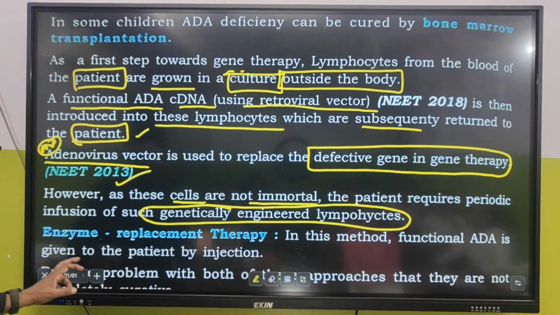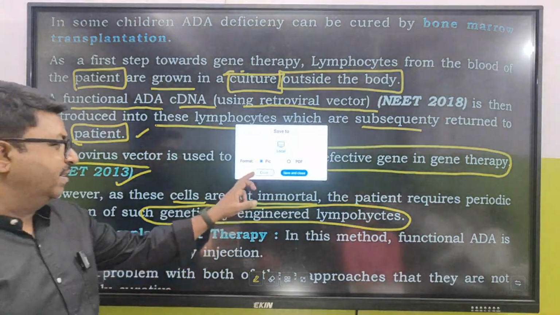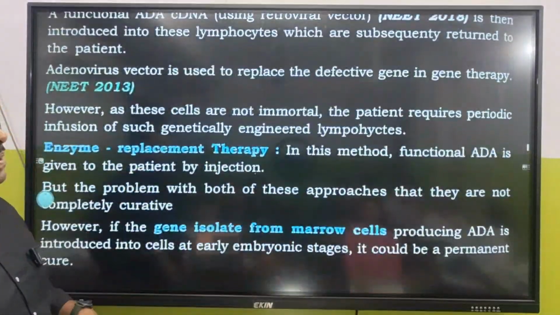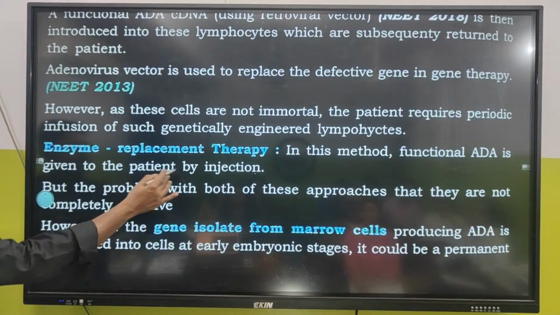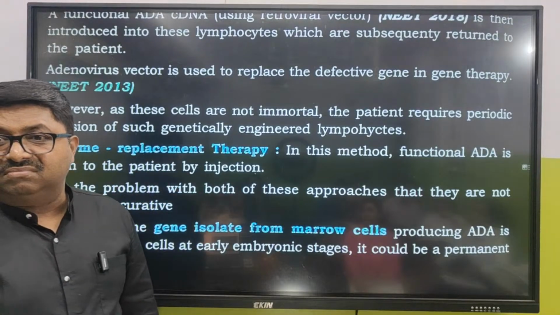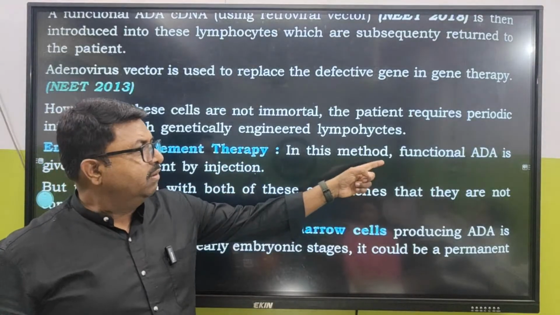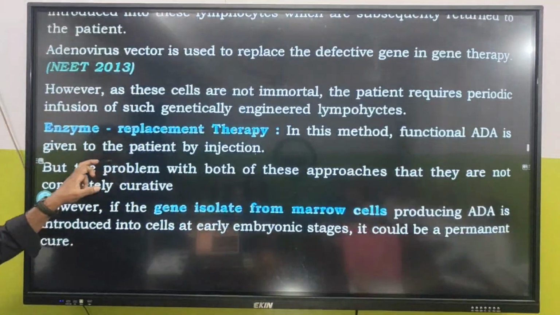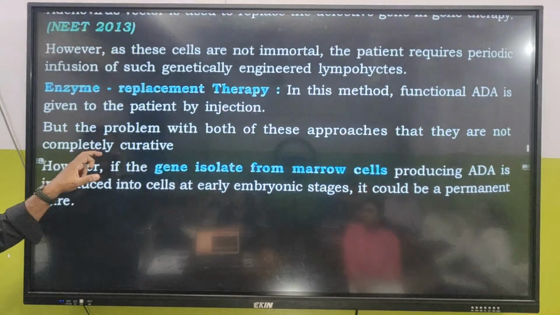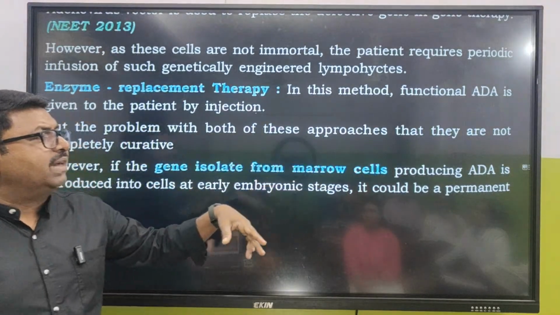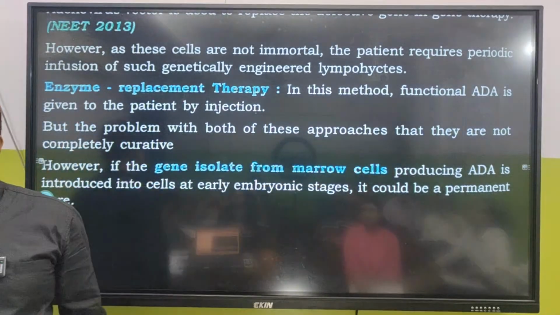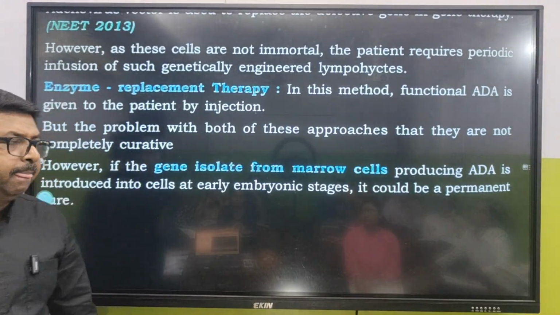So enzyme replacement therapy: in this method, functional ADA is given to the patient by injection. But the problem with both of these approaches is that they are not completely curative; the effect is temporary.